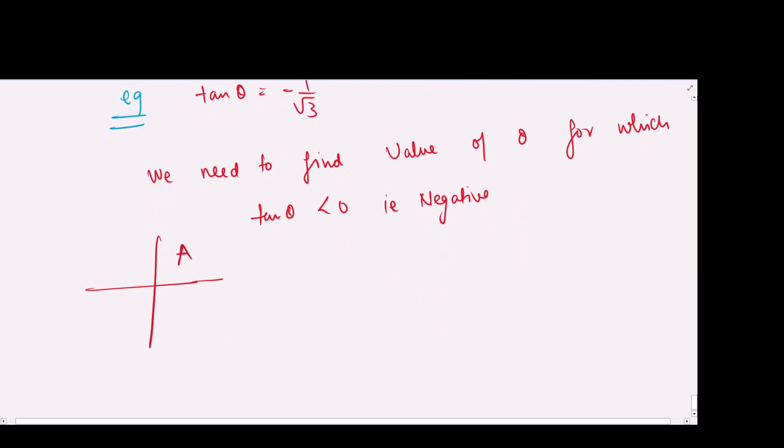So from this Cartesian figure, in first quadrant all trigonometric functions are positive, in second quadrant sine is positive, in third tan is positive, and in fourth quadrant cosine is positive. So tan theta is negative in second quadrant and fourth quadrant.